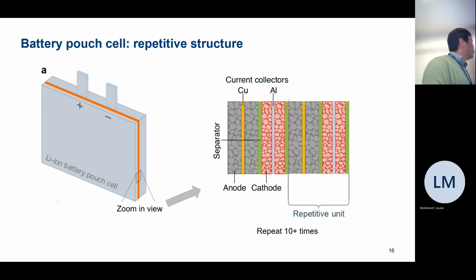I think everyone in this room is very familiar with a pouch cell, the typical structural setup. You have these anode and cathode structures repeating a number of times, tens of layers of these repetitive units inside of the battery cell.